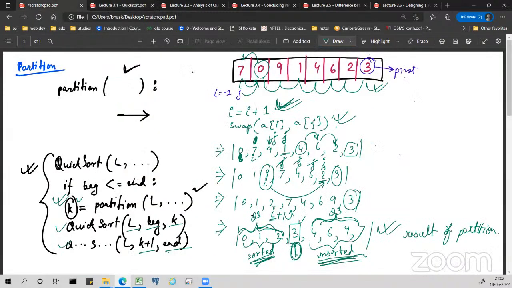So let's say I considered the last element as pivot. Correct. So I had to start my search from the first element itself, so I would keep my other marker, the marker which is behind. So two markers, right?